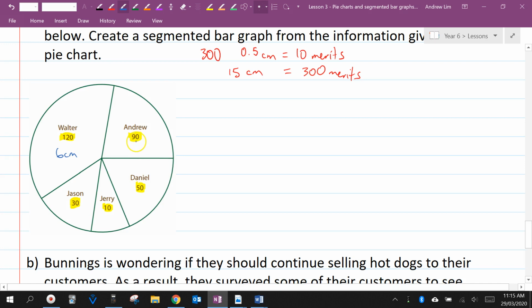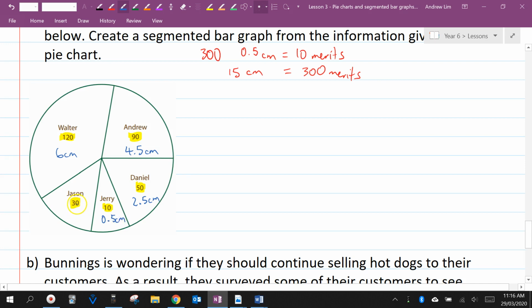If I do 90 divided by 2 is 45. Divided by 10 is 4.5. So 4.5 centimeters. 50, half of that's 25. Divided by 10 is 2.5. 10, half of that is 5. Divide that by 10 is 0.5.